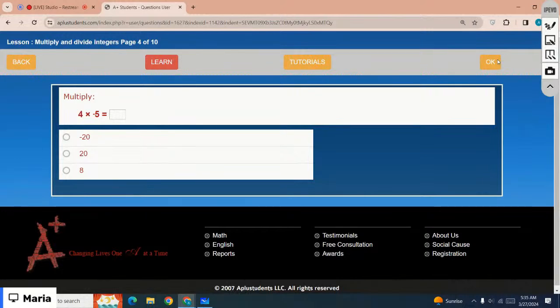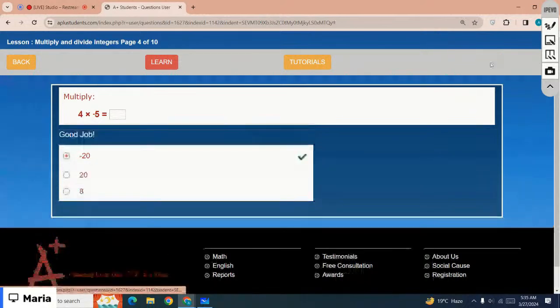4 times negative 5, which is the correct option? The correct option is negative 20. Very good. Option number 1 is the correct option.